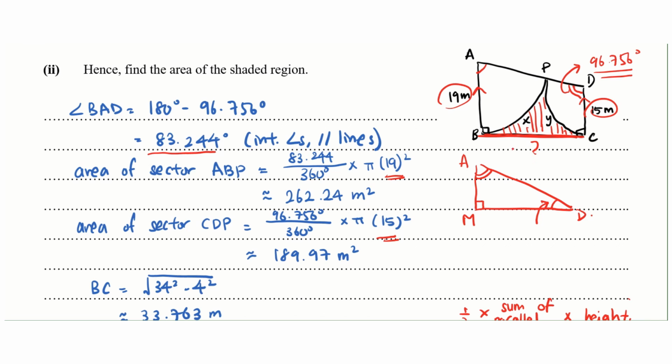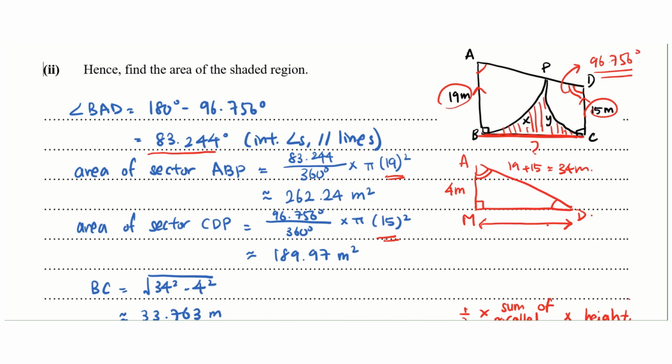We need to recognize that BC is actually the same length as MD, as per the triangle that we found earlier, or rather the triangle that we used earlier. So we earlier said that AM is actually 4 meters. And we see that AD is actually going to be 19 plus 15, which is 34 meters.